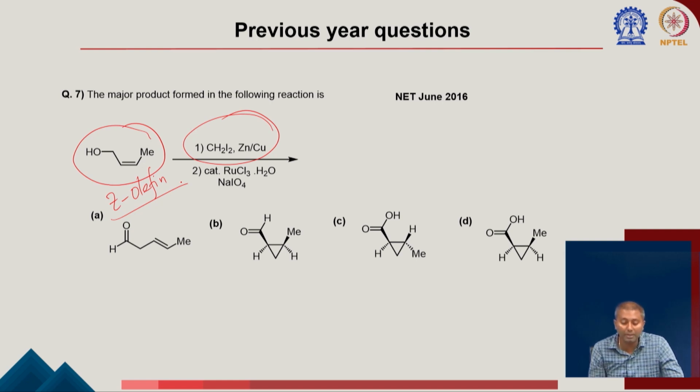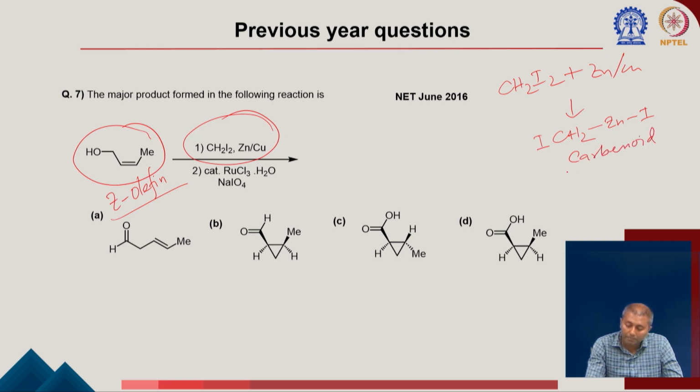So first, let me briefly tell you again what is happening here. Once you use this zinc-copper, it is going to form CH2I with zinc inserted. So this is called the corresponding carbenoid.